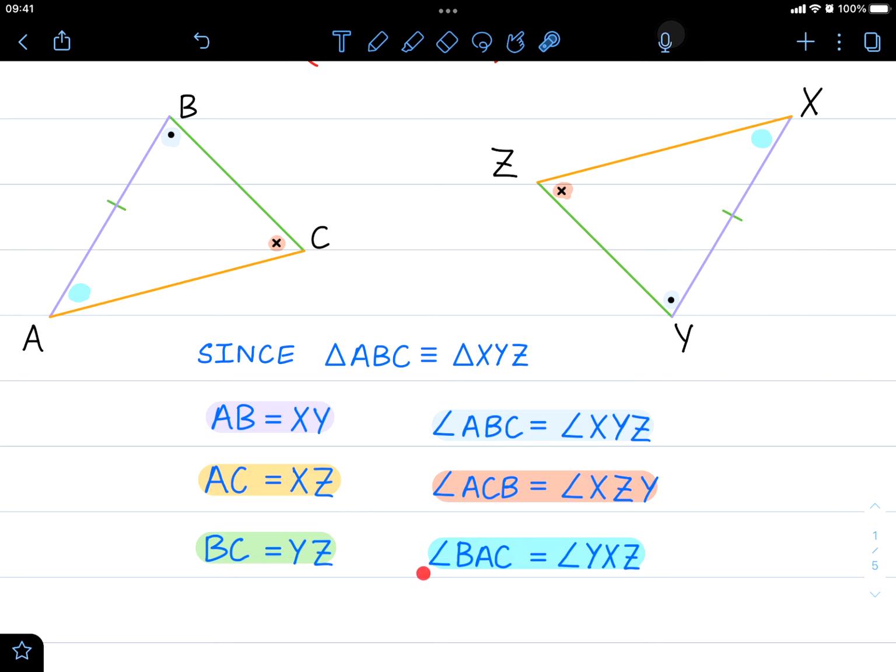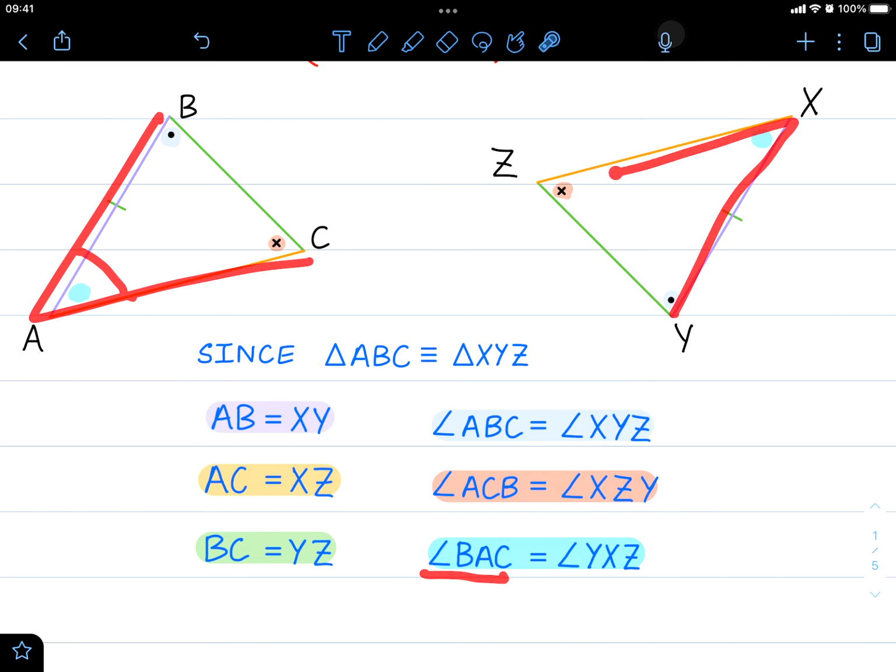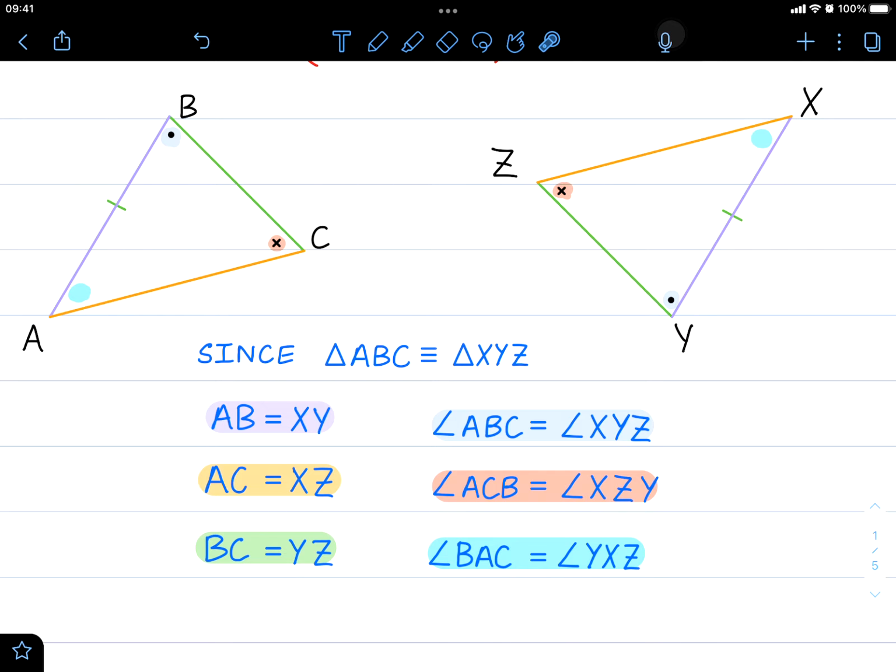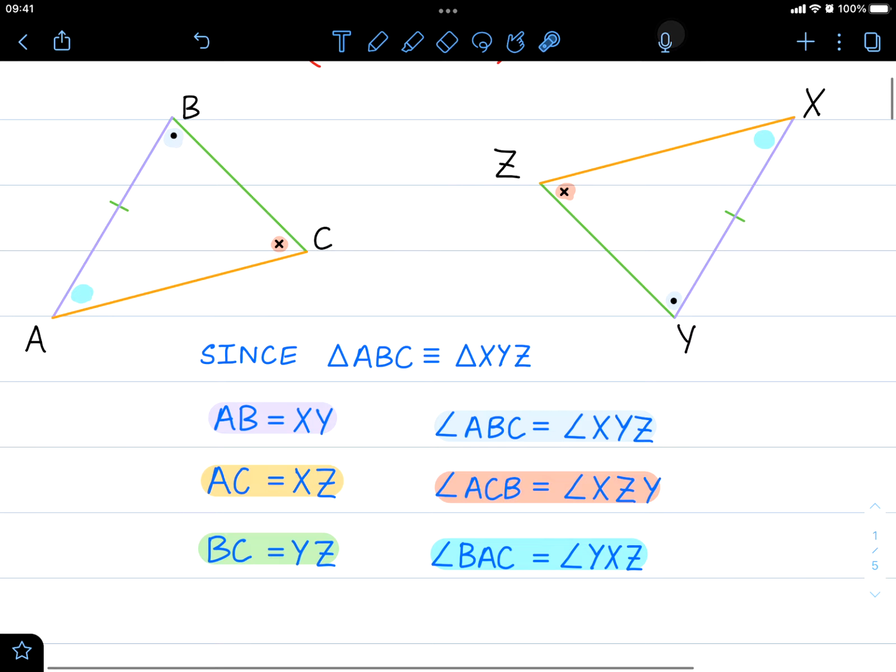And lastly, angle BAC is equal to angle YXZ. So in essence, we have 6 pieces of information that tell us that these 2 triangles are congruent. We have 3 sides and 3 angles.